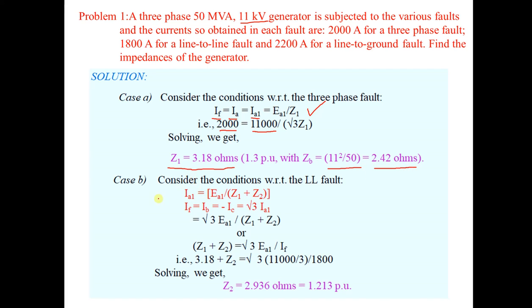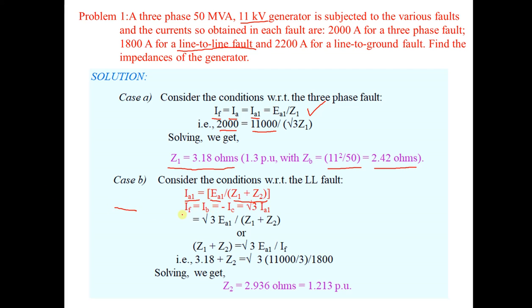Next we have to find the line to line fault. Here it is given as line to line fault. In detail we'll be seeing line to line fault and double line to ground fault in the next video lecture. Here IA1 will be equal to E by Z1 plus Z2 for line to line fault, right?